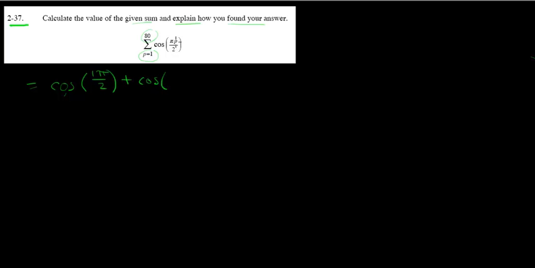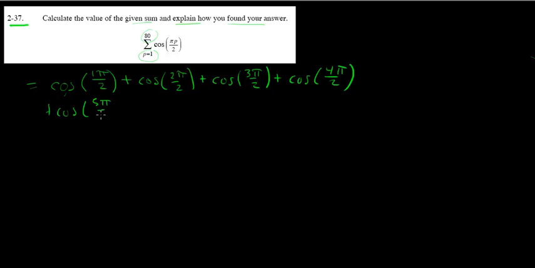We now plug in 2, so 2 pi over 2, plus cosine, p is now 3 pi over 2, and p is 4, and then p is 5, and p is 6, p is 7, and we do this 80 times.